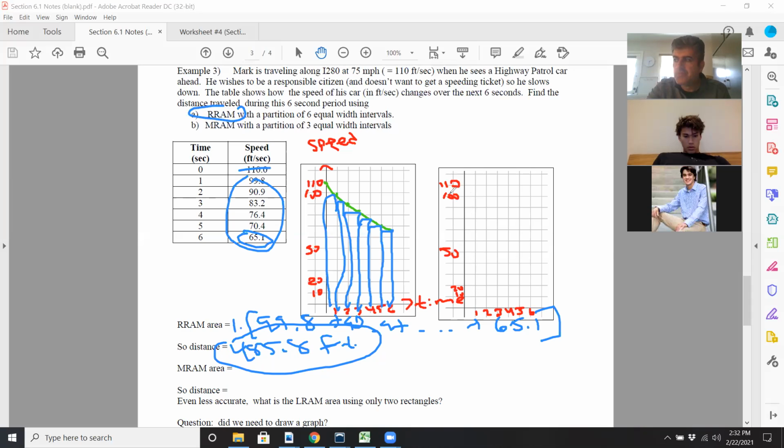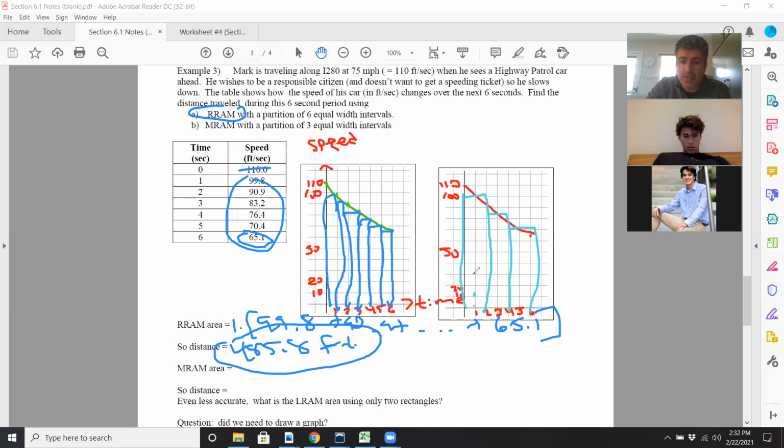Okay. And I remember we had our curve kind of looked like this a little bit. Kind of looked like that. Remember, I'm doing an MRAM. Which is going to be like that.